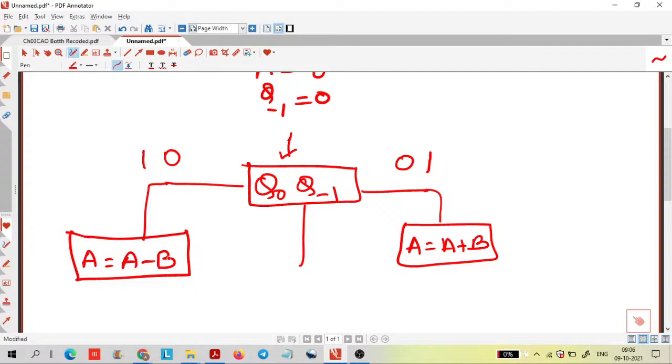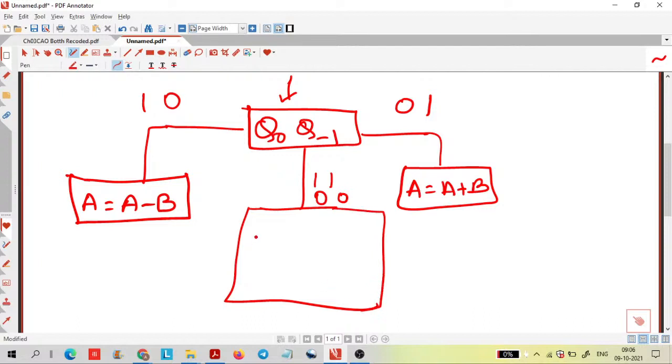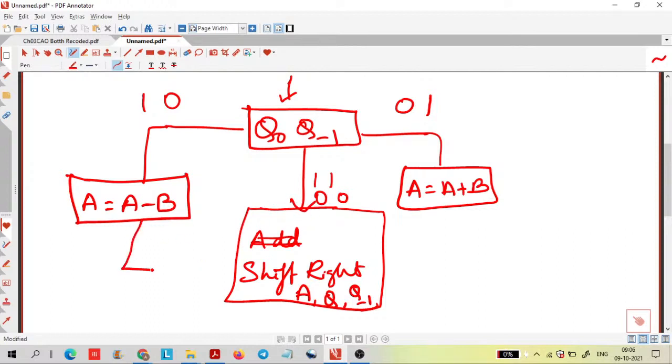Here, if both Q naught and Q minus 1 values are the same, then do not add, only shift right the content of A, content of Q, and content of Q minus 1. Only this much when both are the same. Here we do A minus B. After that we go for the shift right.